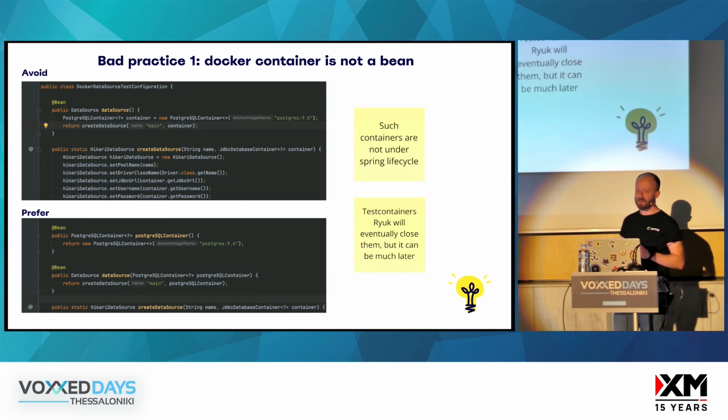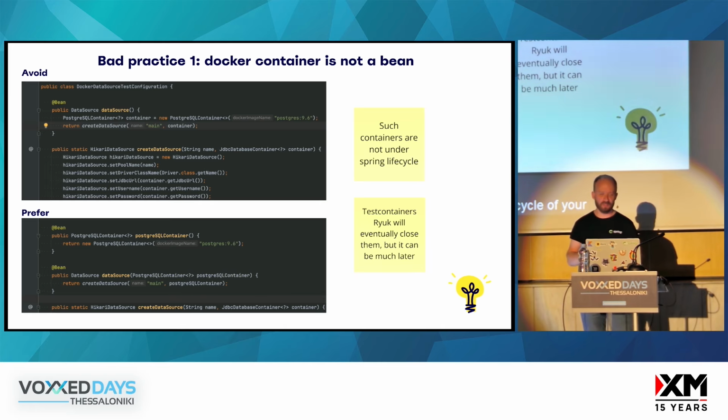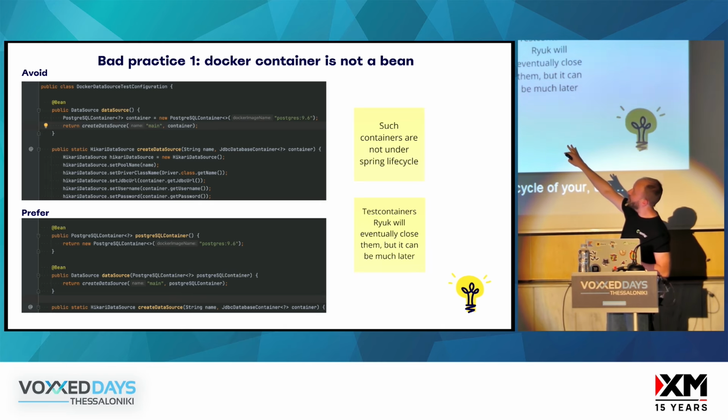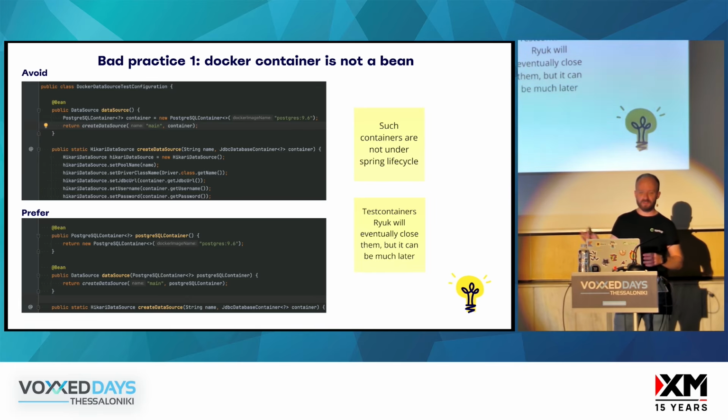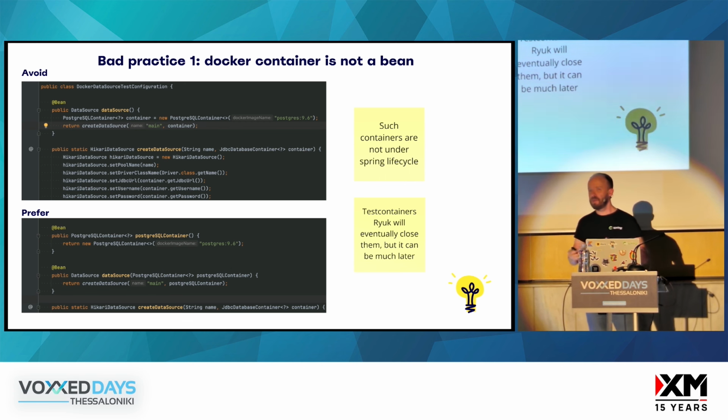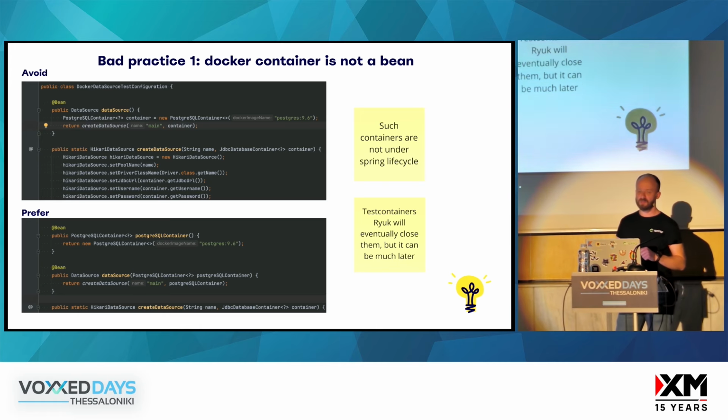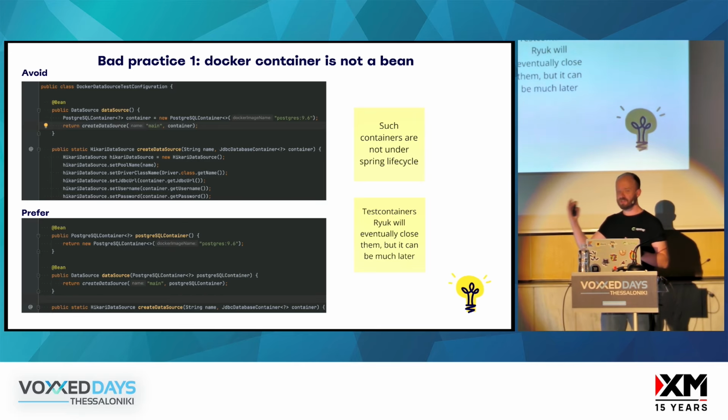One more thing related to the life cycle of your Spring beans. The sample above looks quite innocent, but there is a problem. What happens here? A new Postgres container is created and started, and we create a data source on top of this and expose it as a bean. When we start such a container and test, everything will work quite well. The problem happens when the context is shut down.